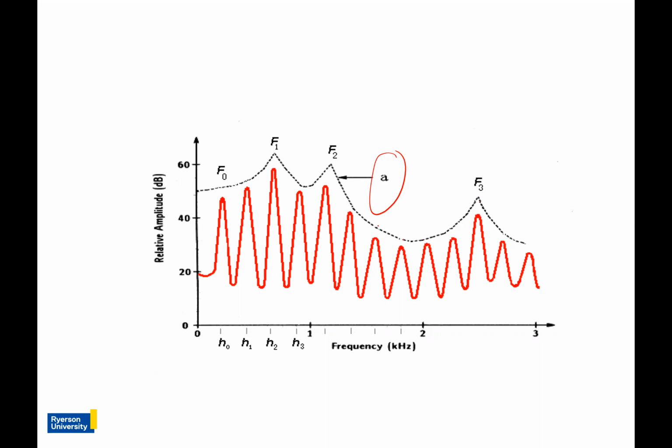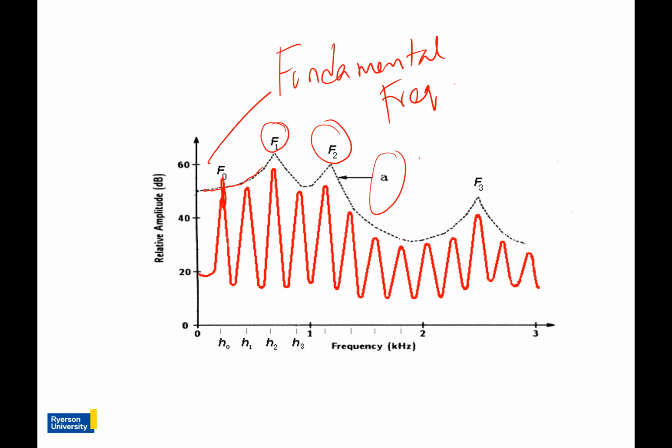Okay, so in a voiced sound, you do have what's called the fundamental frequency. The very first spectral peak is called the fundamental frequency F0. Then when you plot the spectral envelope, here the black line is plotting the envelope of the spectral plot, you will see a few dominant peaks, and we call those formants.